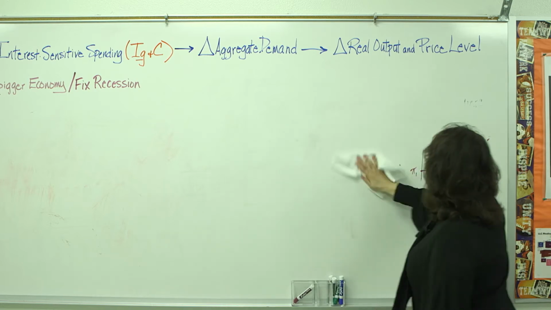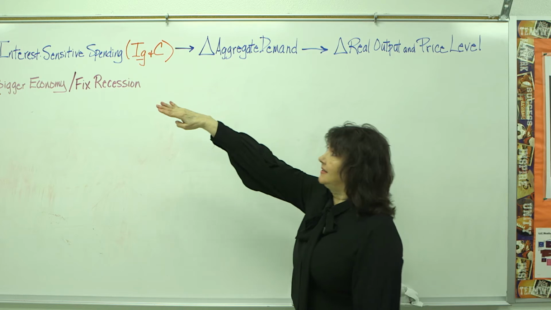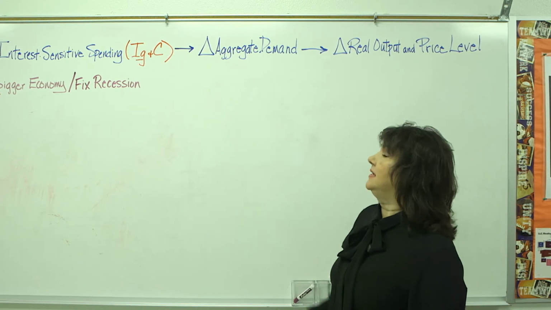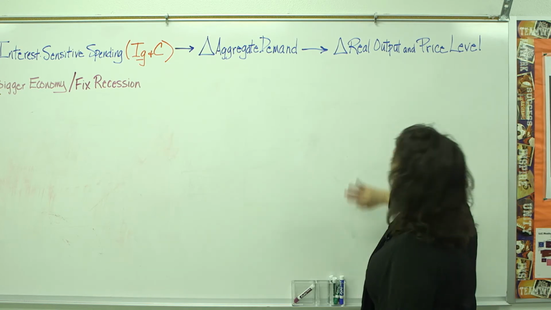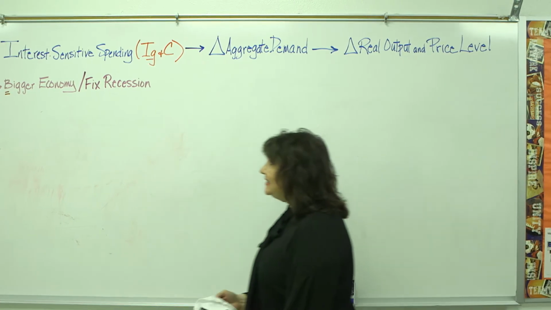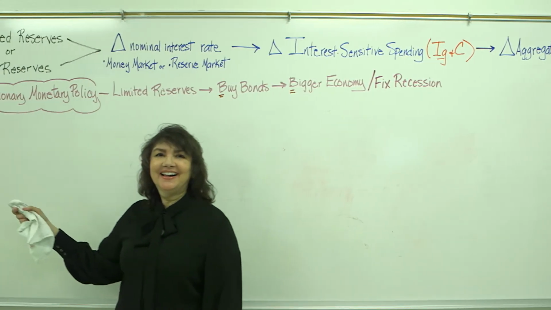All right, so now I'm going to go ahead and continue with this sequence, nominal interest rate. If it changes, leads to interest-sensitive spending, changes aggregate demand, changes real output and the price level. The difference is I have to change the word expansionary.